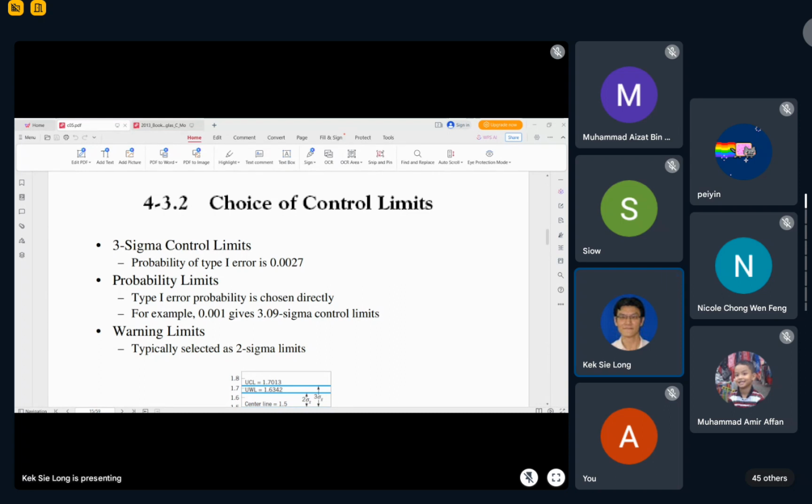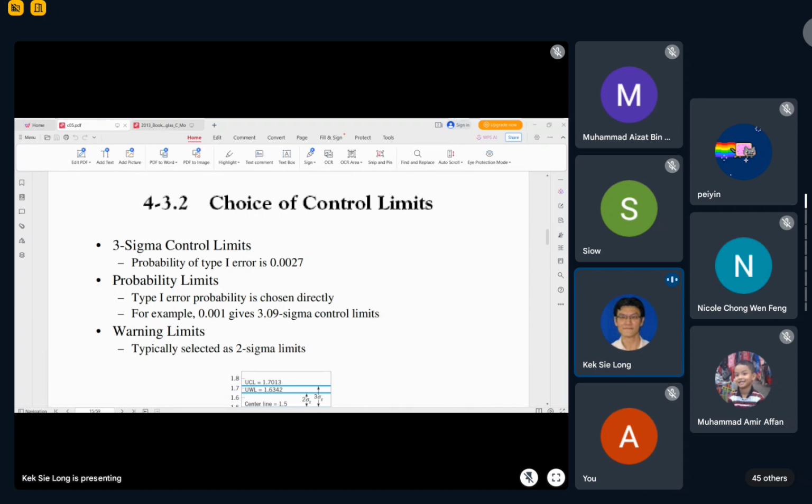So in the control chart sense, this value 0.0027 represents the probability of what? On the screen we see probability of type 1 error, but what does it actually mean?